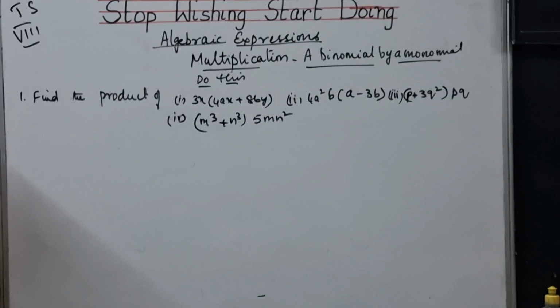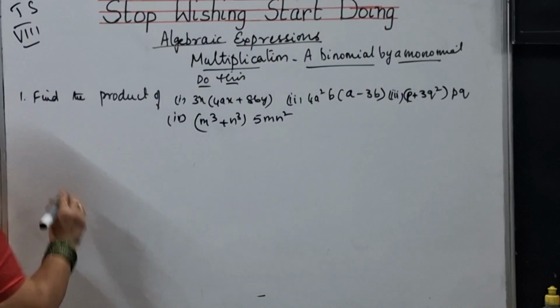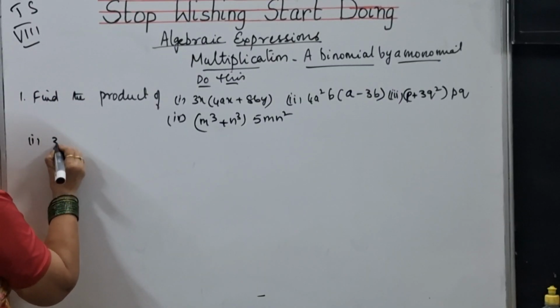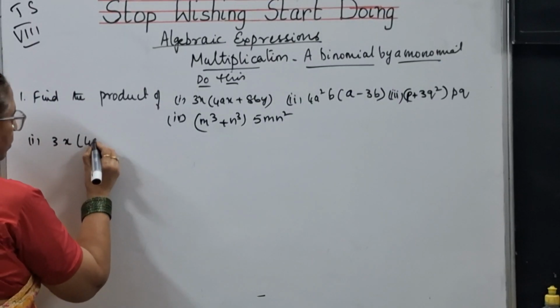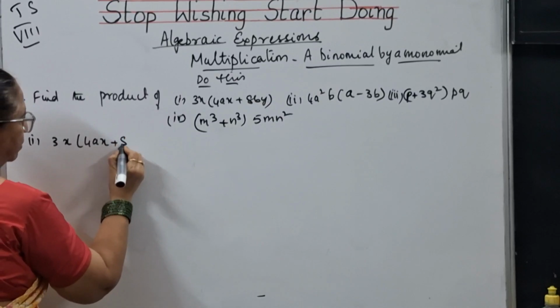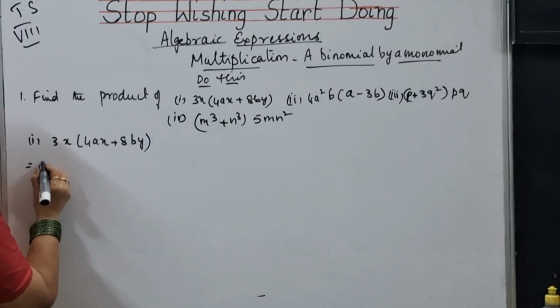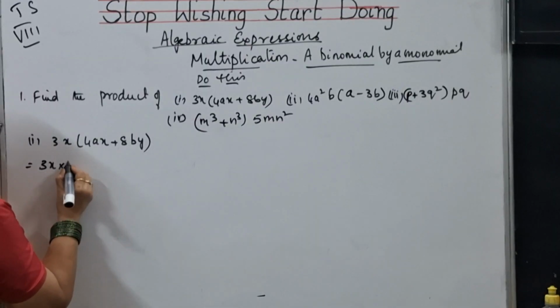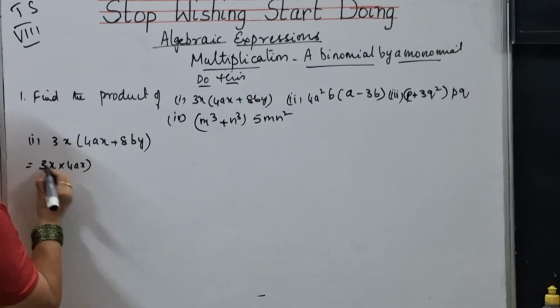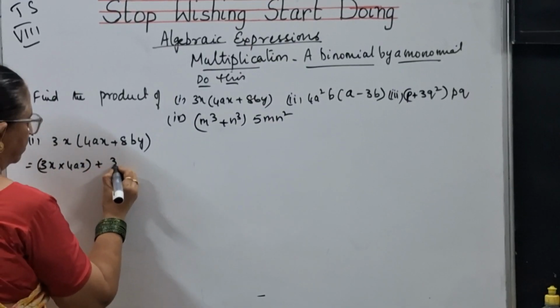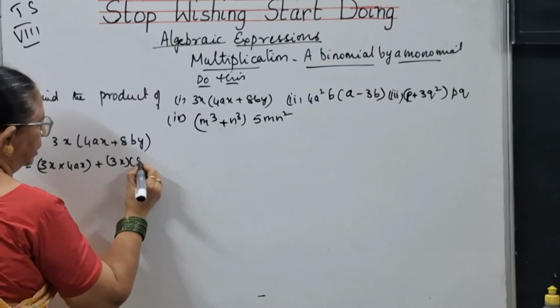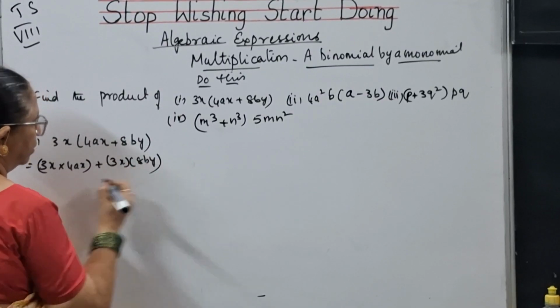Now, do this sum, children. First one: 3x into 4ax plus 8by. So this can be written as 3x into 4ax plus 3x into 8by.